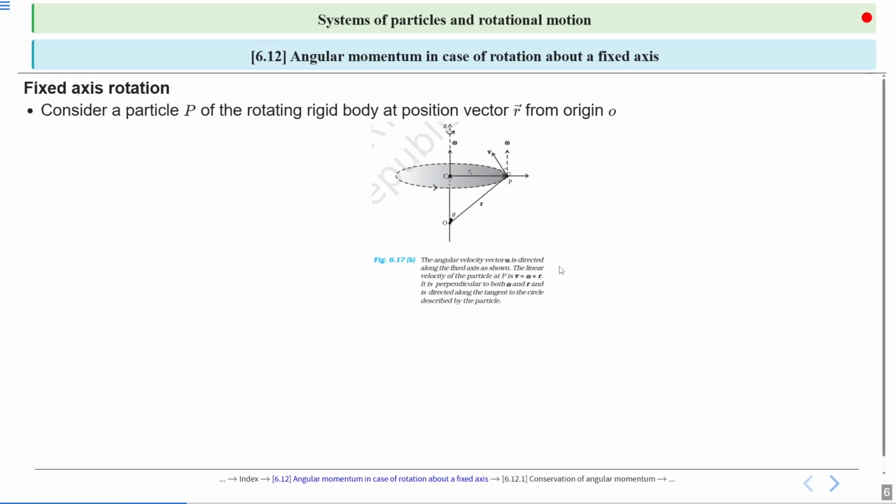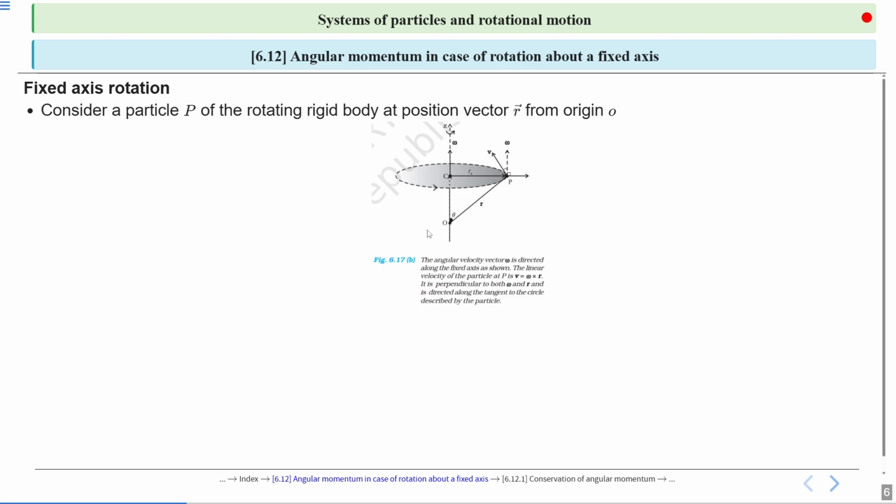So let us consider a rigid body rotating about a fixed axis. Here we have a rigid body and this is rotating about a fixed axis. For example, a ceiling fan rotating around its center rod. Yes or no?